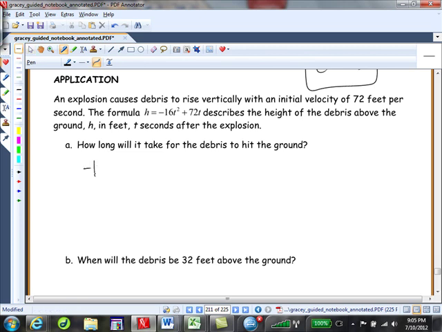So here we go. We would set negative 16t squared plus 72t equal to 0. I believe we can factor out a negative 16t. Let's see, 16 times 5 is 80, so I don't think I'll be able to do 16.